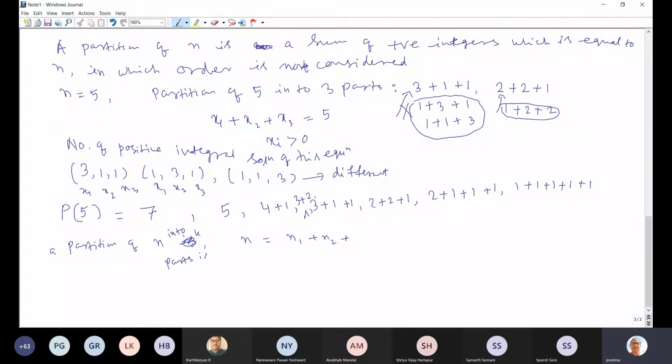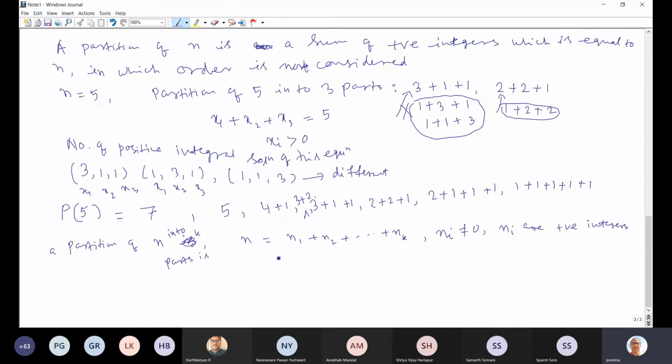It will look like this: n1 plus n2 plus up to nk, where none of the ni is equal to 0, and the ni are positive integers. The order is immaterial.